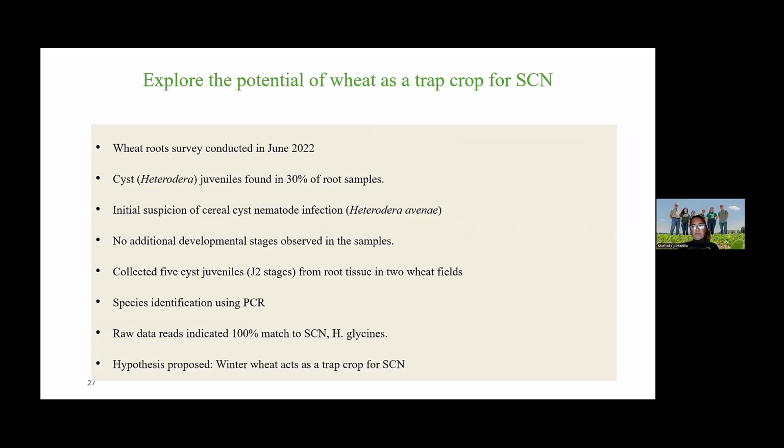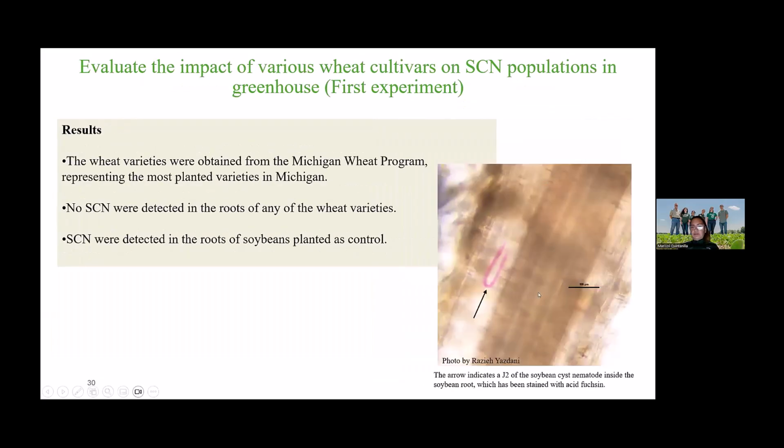We found those results based on contamination, but we did find it's an excellent rotational crop with soybean cyst nematode. Besides being a non-host, it has many other benefits. I'm not going to go through all the details there. You can see a picture there with a soybean cyst nematode going into a soybean root.